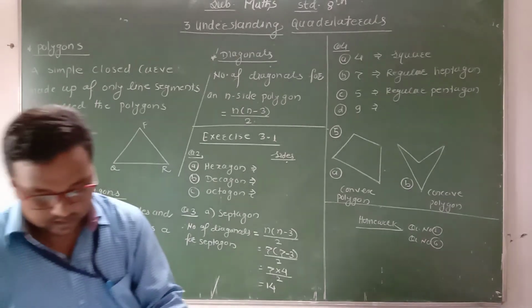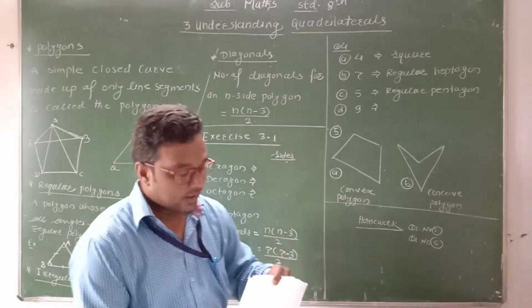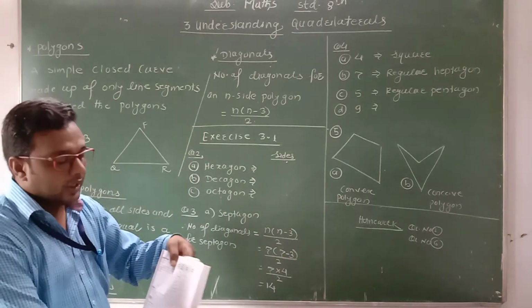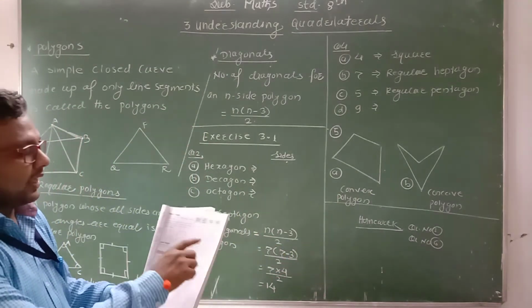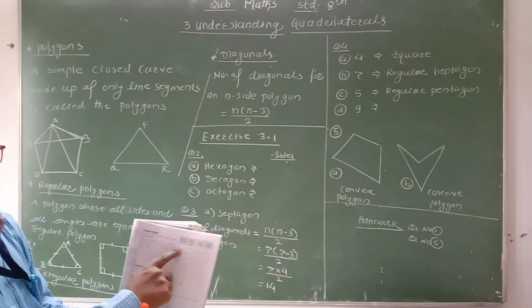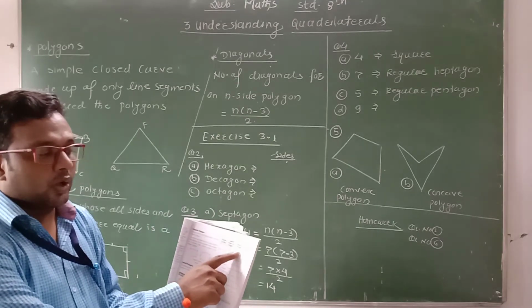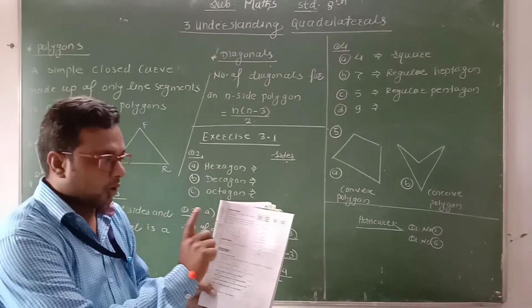Now on page number 51, one table is given there. According to the number of sides in a polygon, their types or special names are given. A three-side polygon is called a triangle. This is a regular and an irregular polygon, and figures are also given there.